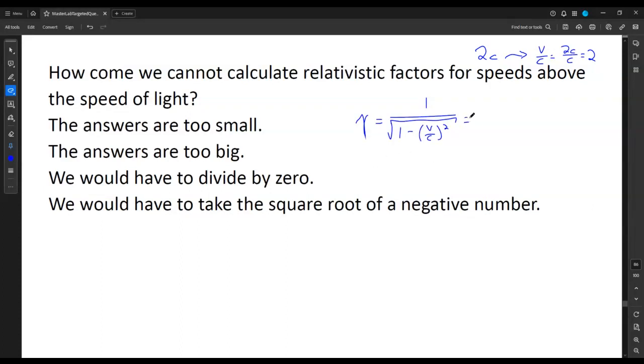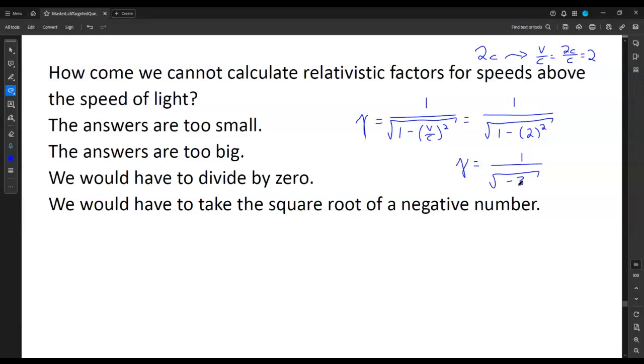Okay, well, if we try to calculate that in this formula, we're going to have 1 over big square root of 1 minus, and then 2 squared. Okay, now I hope you see the issue here, because under this square root, if I'm trying to do 1 minus 2 squared, I've got 1 minus 4.